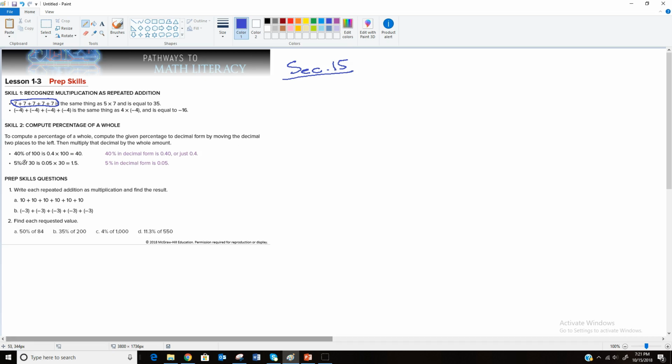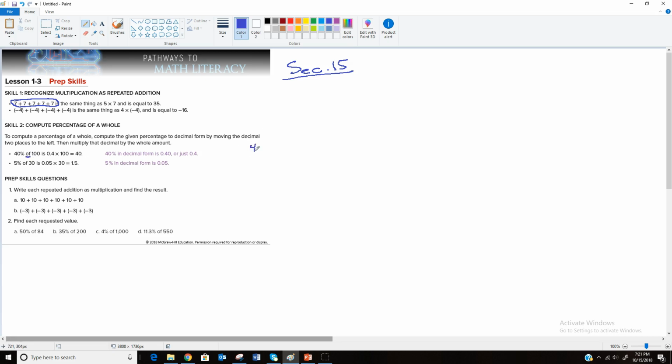The next skill is just computing the percentage of a whole, which we've actually done a little bit. We're back on lesson 1.3 in the book that we're getting a lot of our material out of, and in some later lessons we'd already kind of done this, but just as a reminder, if you want a percentage of a whole, "of" in math almost always means times.